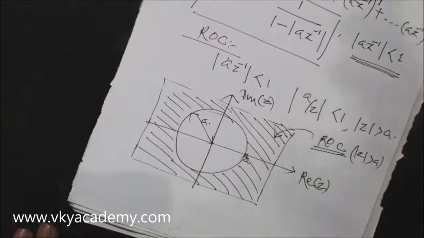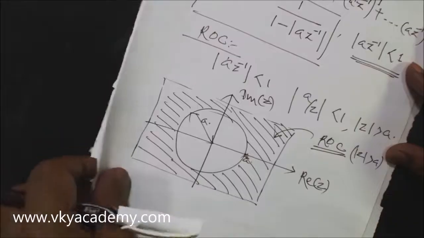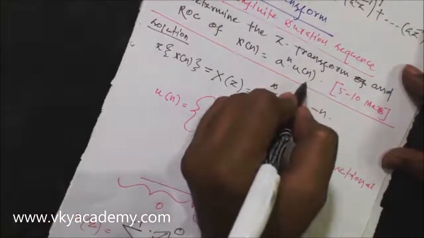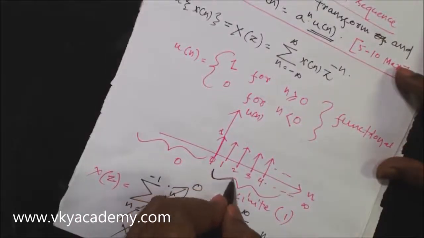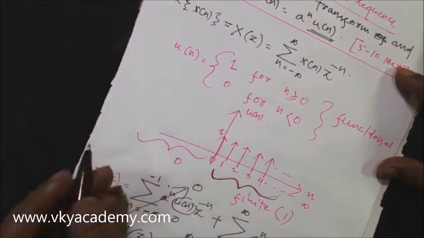So in this way we can determine the z transform, and we can plot the region of convergence for an infinite duration sequence. Now one more thing, this particular sequence is a causal sequence because u of n is finite for n greater than or equal to 0 and is equal to 0 for n less than 0.